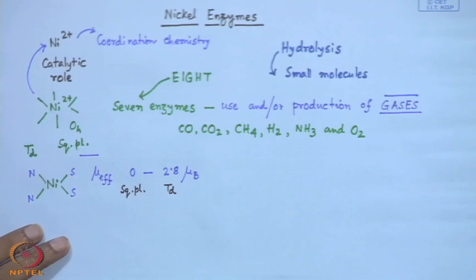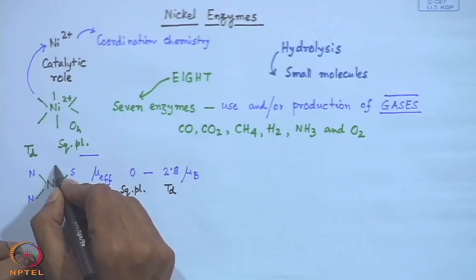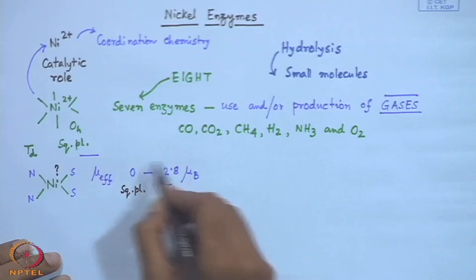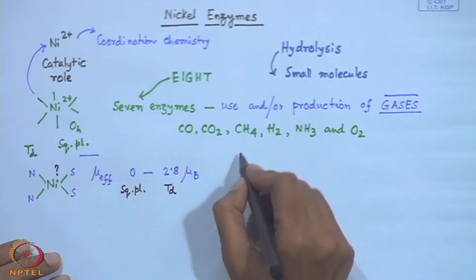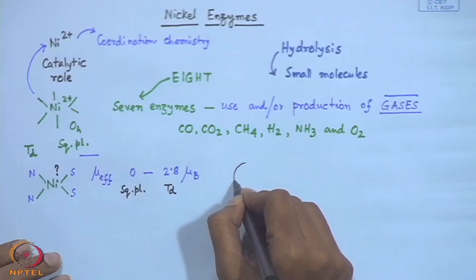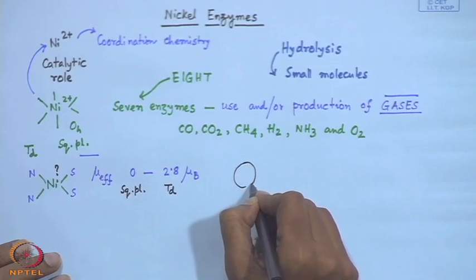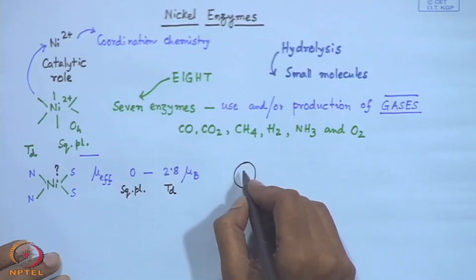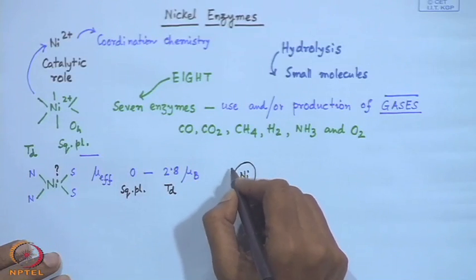But most of these sites relate to one particular oxidation state, what we are thinking of right now as 2+, that means nickel in the plus 2 oxidation state, the most common one. But in an enzyme environment, because all these donor groups come from different polypeptide chains, the nickel sitting inside is highly distorted.